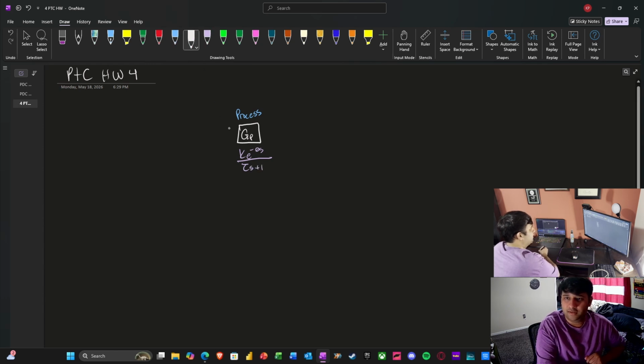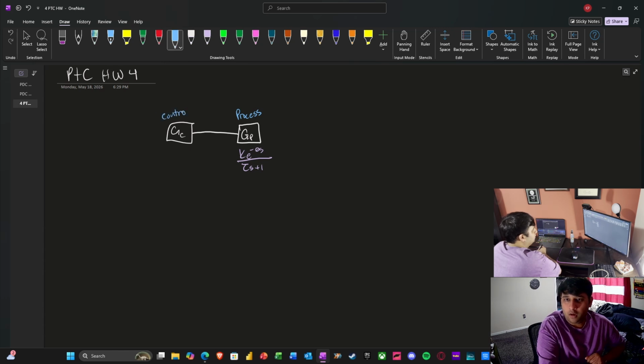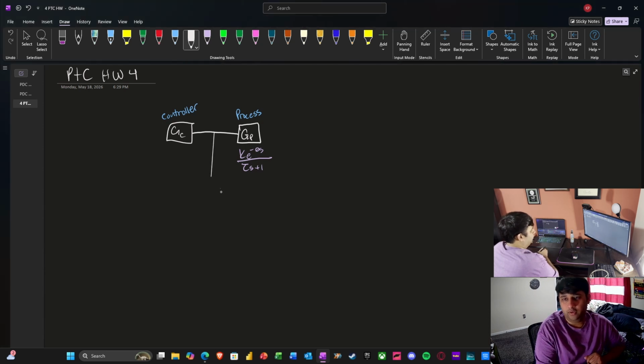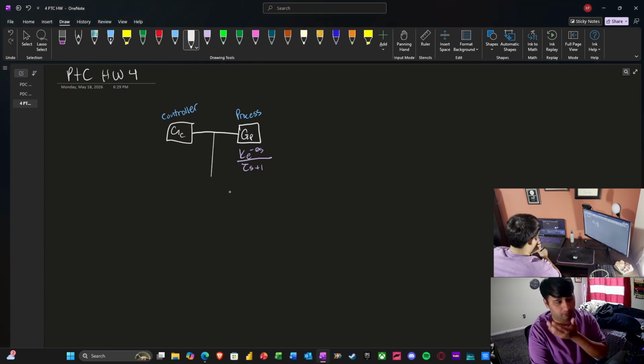And our process is going to be hooked to a controller, which we're going to call GC. And to estimate our process, we're going to need a separate block in order to estimate our process.